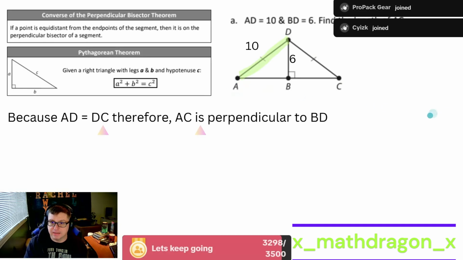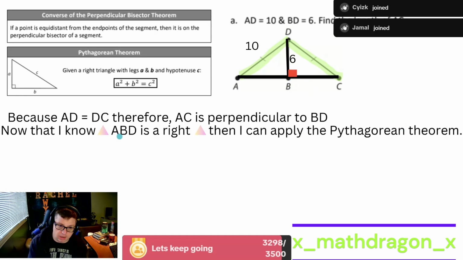So AD and DC are equal, therefore these two are perpendicular to each other. Well, if I know they're perpendicular, then I know it's a right triangle. So now I can apply the Pythagorean theorem.